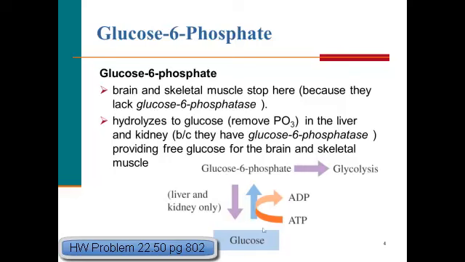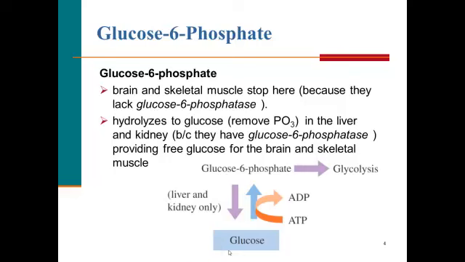Now this glucose molecule can then leave the liver, and it can also happen in the kidneys, but it can leave primarily the liver and enter back into the blood, and once it's in the blood, it can circulate through the body, and any tissue of your body, especially your brain or red blood cells, can take that glucose and utilize it for its own energy needs.